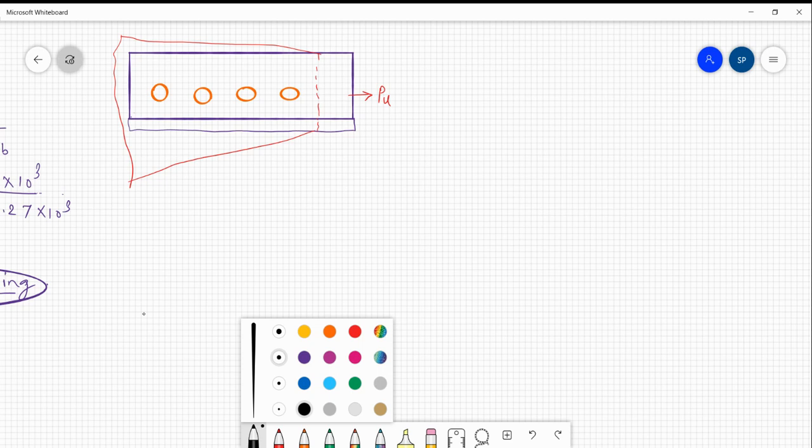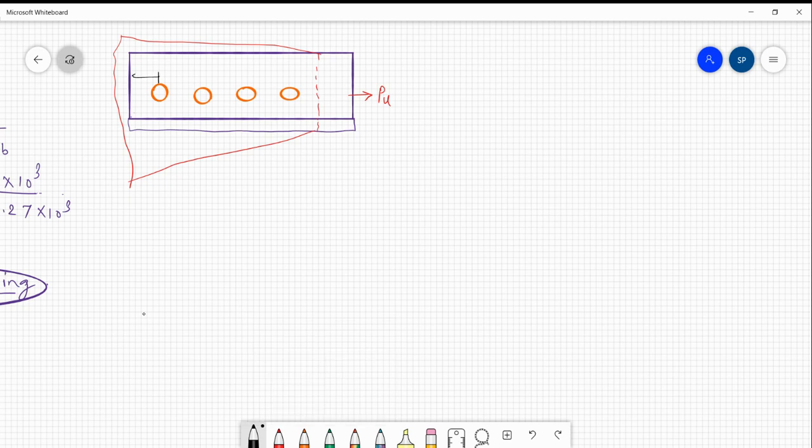I will show now the pitch and edge distance. Up to the center of the bolt will be the edge distance, which is taken as 40 mm, the E value. Then this is the pitch value. We have selected the minimum P, the center to center distance between two consecutive bolts. So this is P, this is P, this is P. This we have taken as 50 mm, 50, 50.